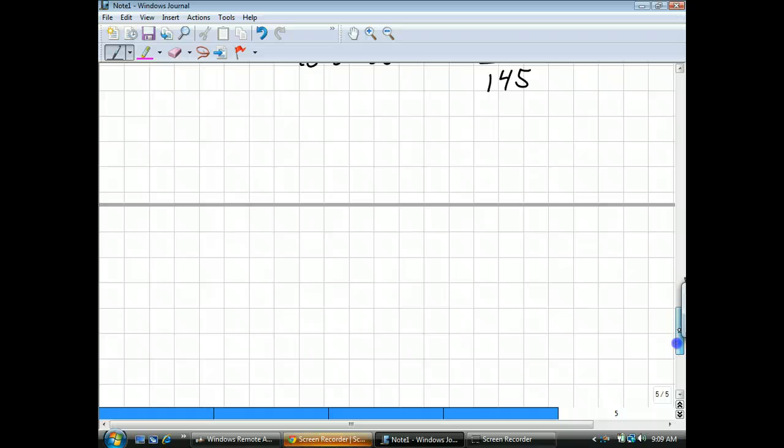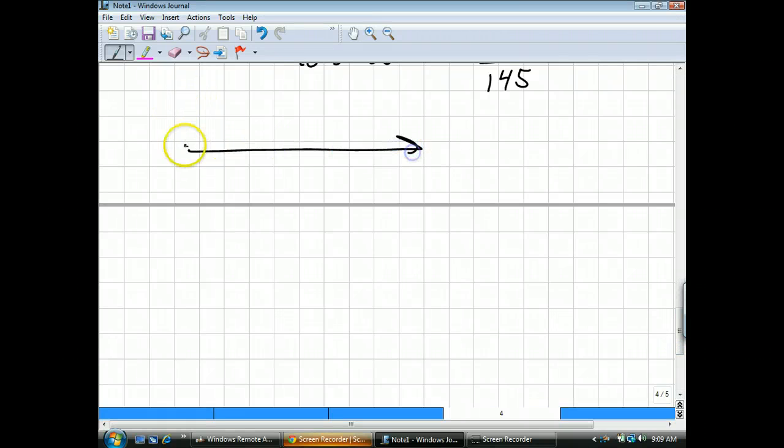All right, let's do one more example. Let's say I have this picture where I know that this angle is 35 degrees.